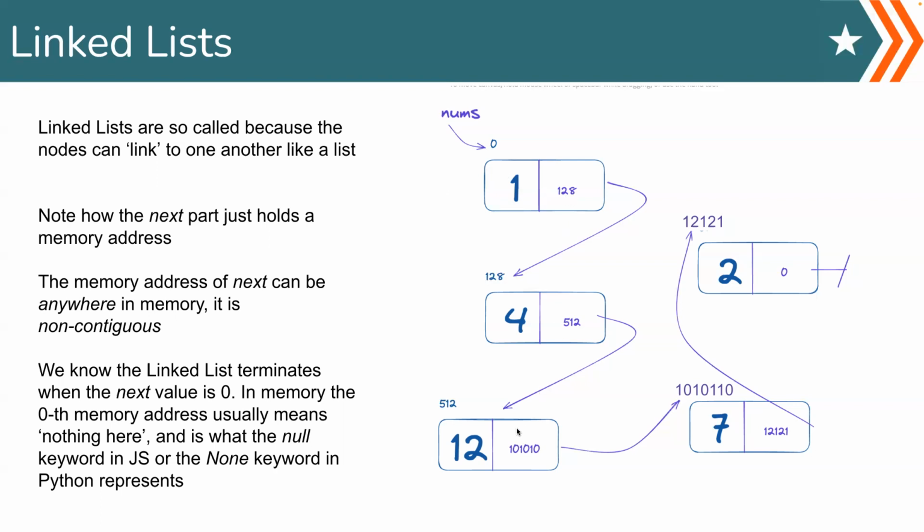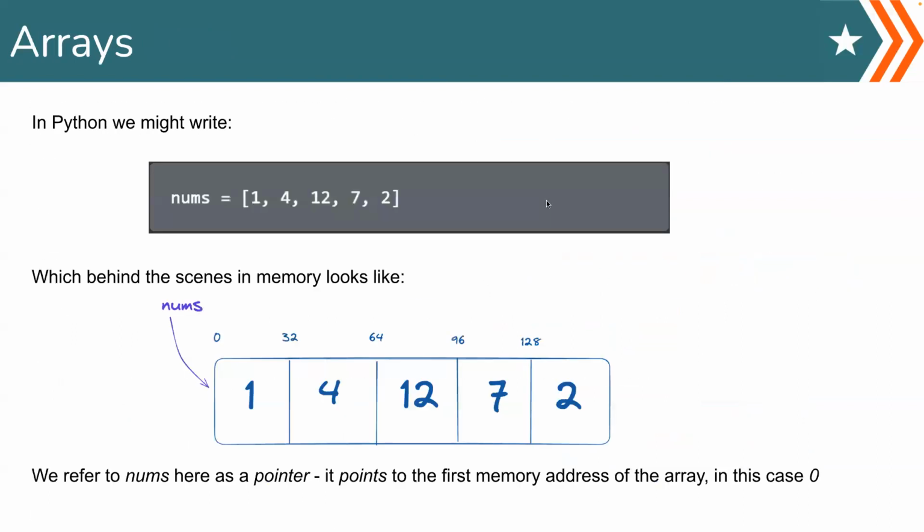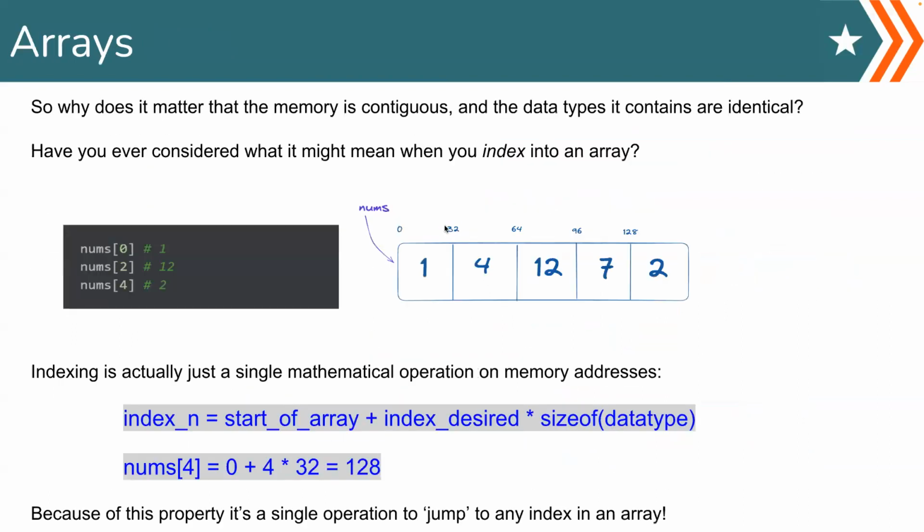What I can't do here is this: in an array, I can jump to any one of these really easily because I know my starting point. I know how big each of these little chunks of memory is. They're all the same size.